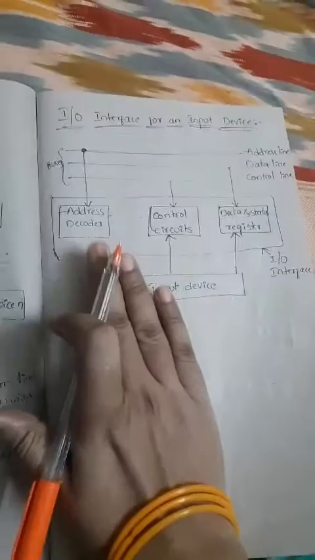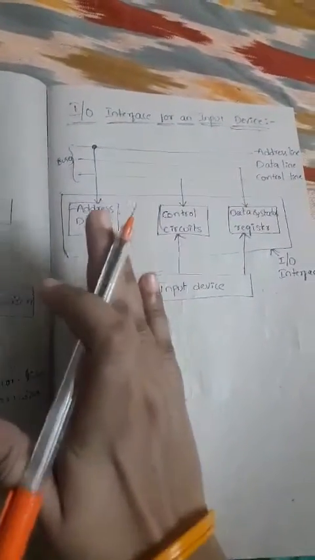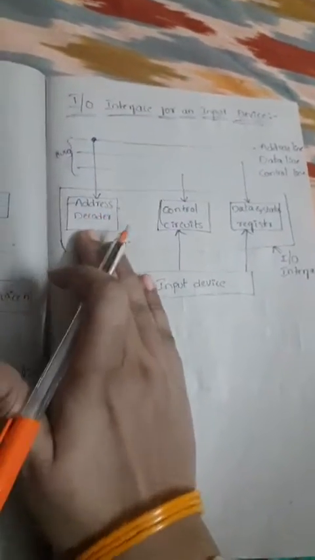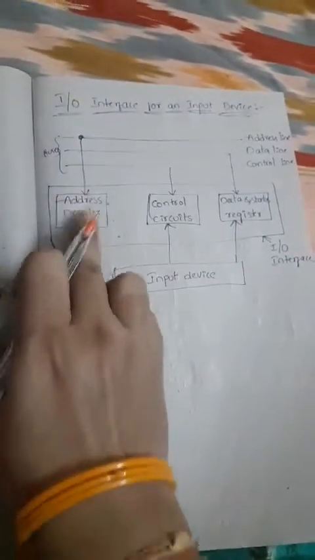What is the major function of the address decoder? It just recognizes the address. After identifying that address, it will be visible on the address lines. Whatever address it catches will be present on these address lines.